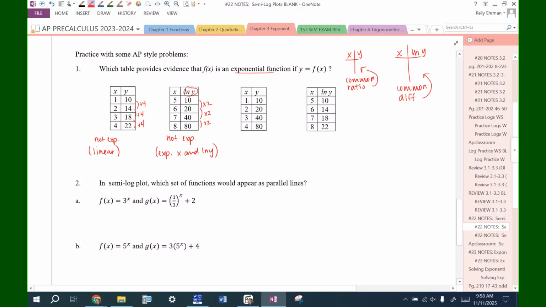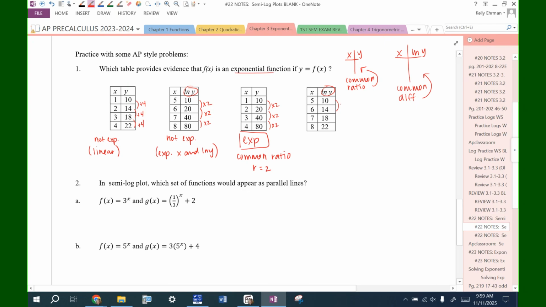Okay, so what if we change this then? So this is back to x and y. Here's where we're saying times 2, times 2, times 2. So this is exponential because there's a common ratio, r equals 2. And then back here, I have x and ln y. So if I'm comparing these, I want to see a linear relationship or a common difference.